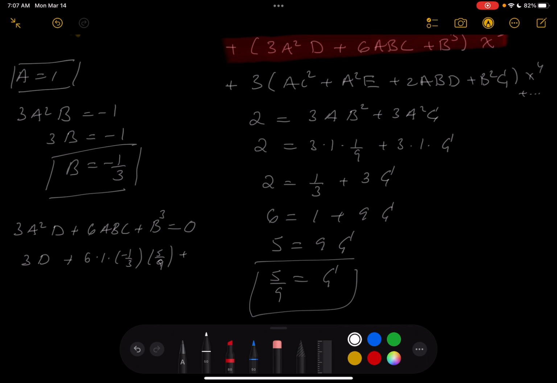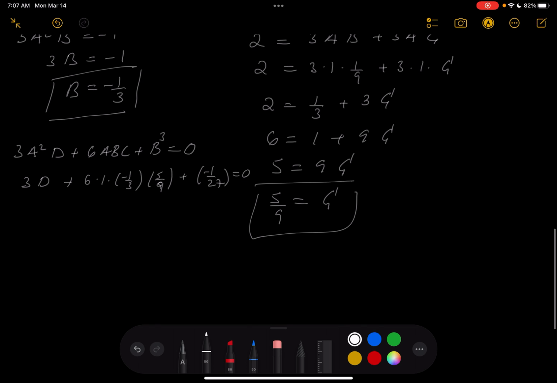Plus, it's tough, right? The b cubed, that's going to be minus 1 over 27 equals 0. All right, I've got to do it. Not pleasant, but we can do it. 3d minus, let's see what I get there.